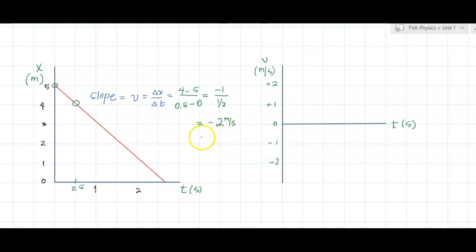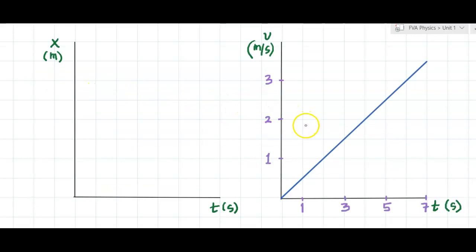This just means 2 meters per second to the left, or in the opposite direction, however you define that. So since we have a -2 meters per second here, when I graph my velocity, it'll be a constant -2 meters per second.